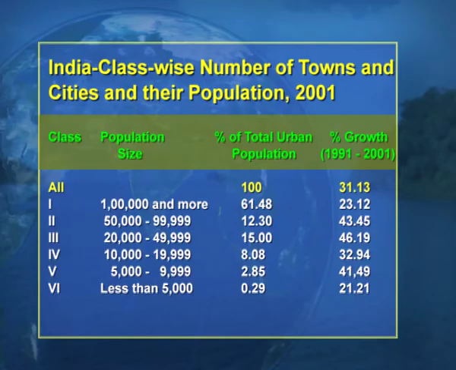Look at the screens, and this will tell you about the class-wise number of towns and cities, because the cities are classified into 6 types: 1, 2, 3, 4, 5 and 6. These types are based on the size of population. If you look at the table from the bottom, you will find that class 6 towns have a population less than 5,000.